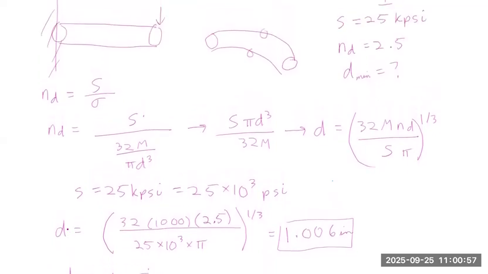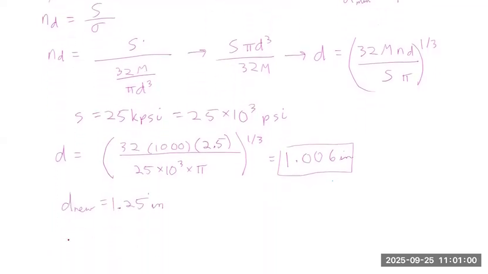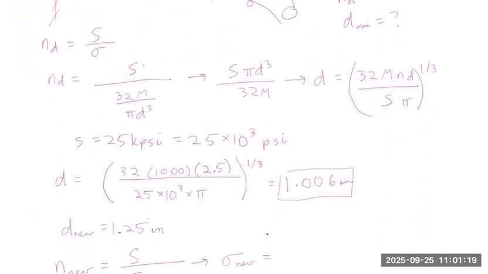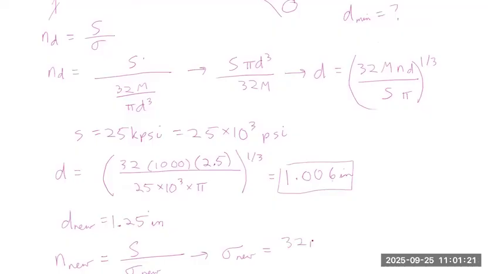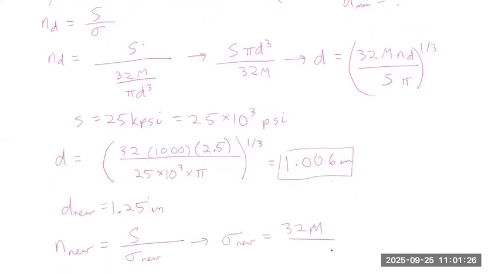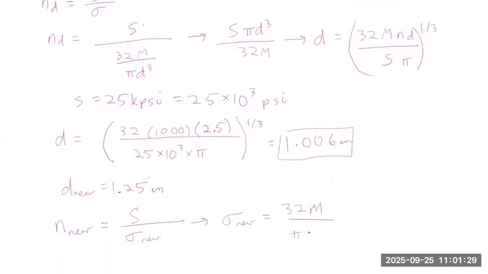So the factor of safety will be n new. That'll be equal to the strength, which doesn't change, over sigma new. Sigma new does change. Sigma new will become 32 M over pi times d new cubed.